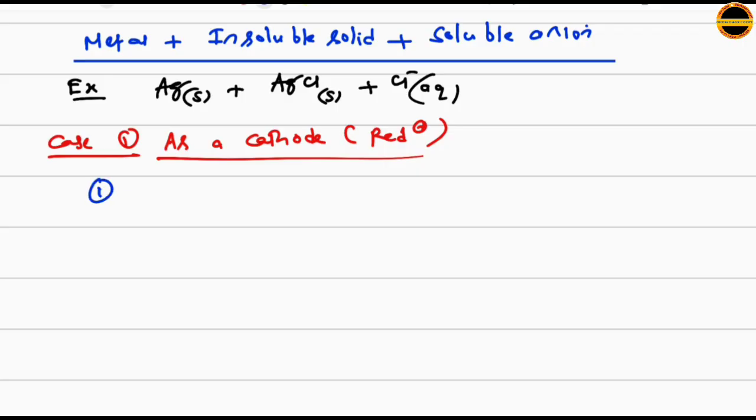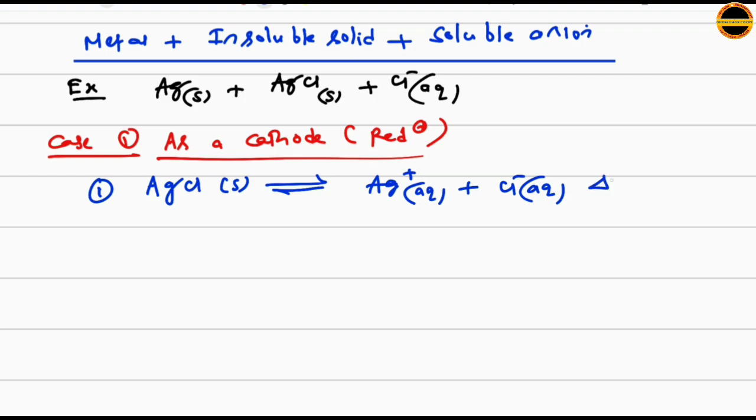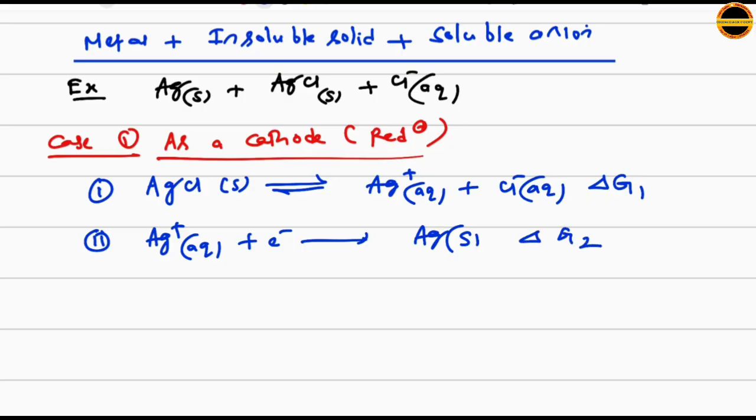At the cathode, two reactions occur. First, AgCl solid dissociates into Ag plus aqueous plus Cl minus aqueous. For this, I consider delta G1. Similarly, the second reaction: the Ag plus produced in the above reaction gains an electron and converts into Ag solid, which I refer to as delta G2.